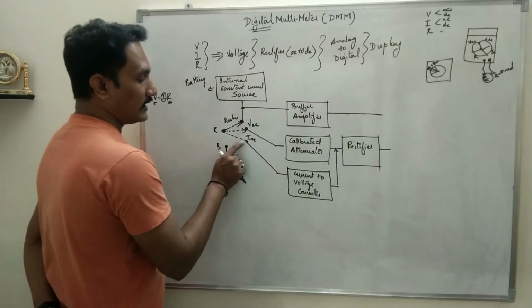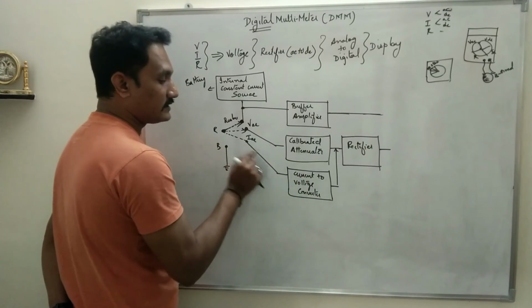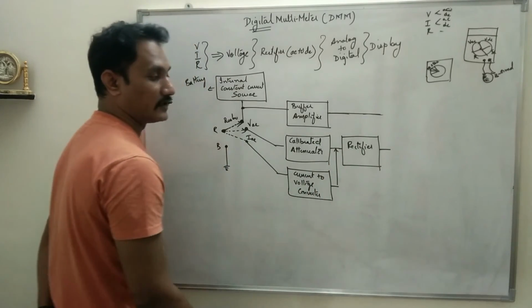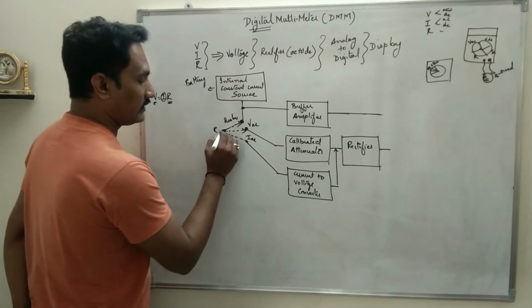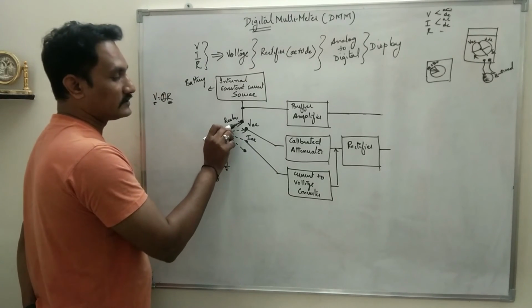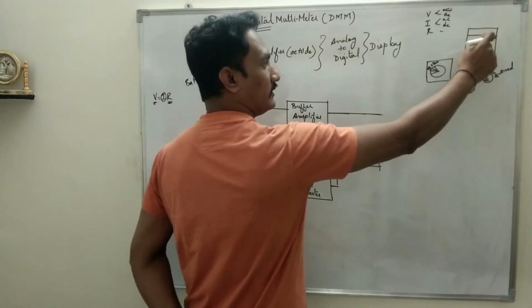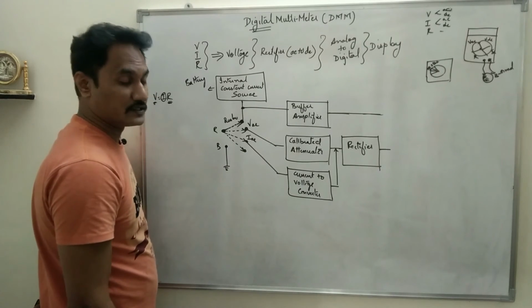So when you measure IAC, there is a block called current to voltage converter. Each current will be converted into its equivalent voltage, and then the rectifier will convert AC into DC. The arrow marks here indicate the position of the switch knob, which will select the range as well as the value which has to be measured.